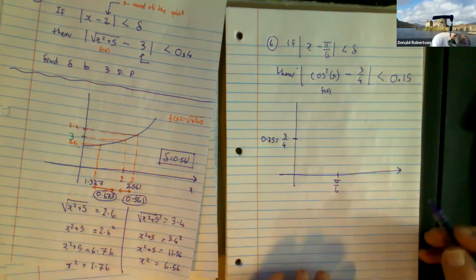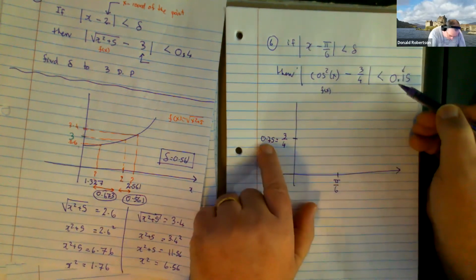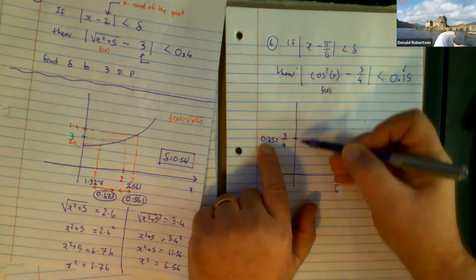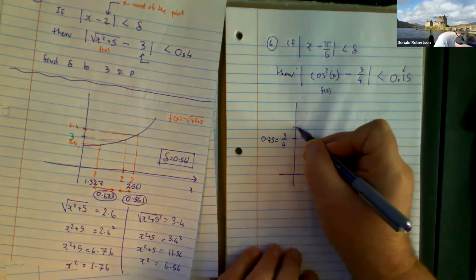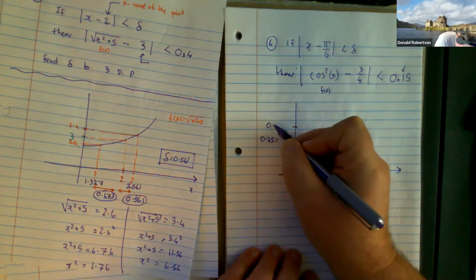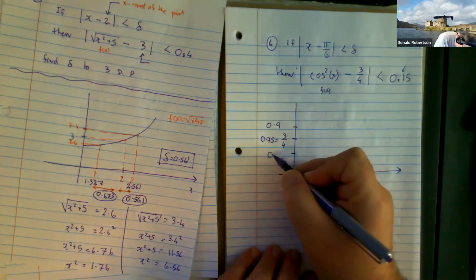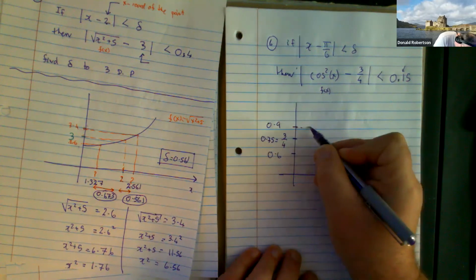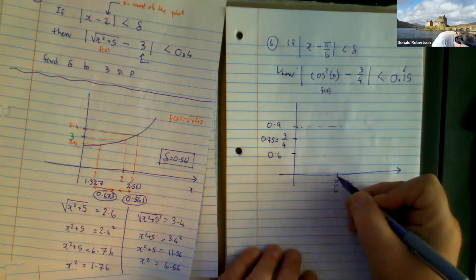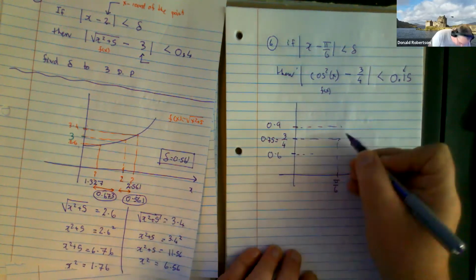That guy there is telling me to be 0.15 either side of that. So can you imagine that this guy here is going to be add 0.15, so that's 0.9. And if you take it away on the other side, it's 0.6. So we're going to have a guy that goes like this. We're going to have a guy that goes like this. We're going to have another guy going like that.